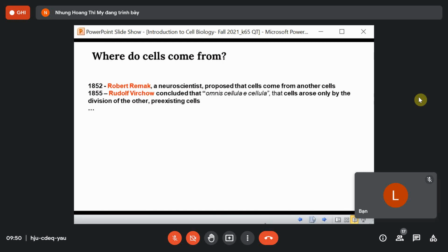But at that time, because of the limitation of the technique, the scientists didn't understand this. They didn't know where the cell came from. They didn't observe cell division. So that was a big question at this moment: where do cells come from? And there was a very big competition about the answer to this question.